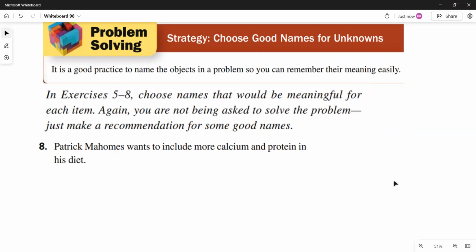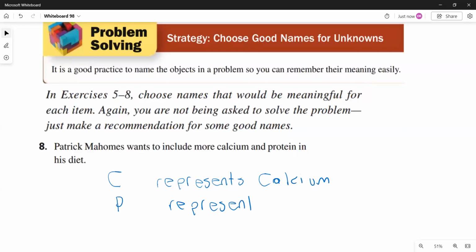We can just let C represent calcium and P represent protein. And that's it. That's all we need to do. Just give names to unknowns.